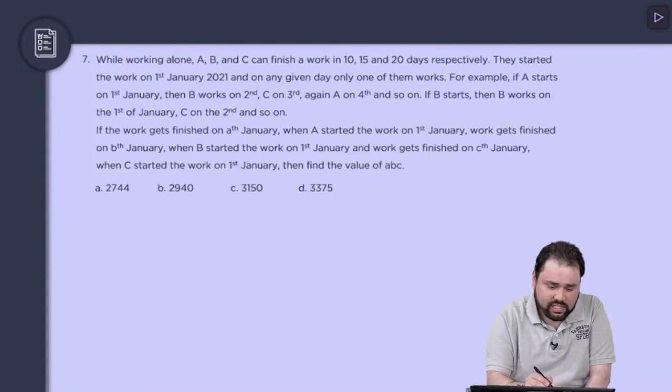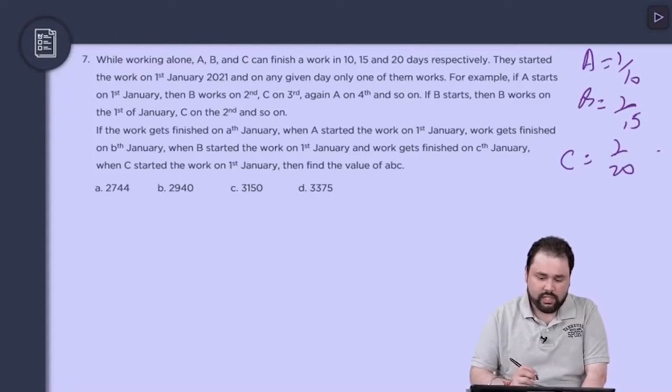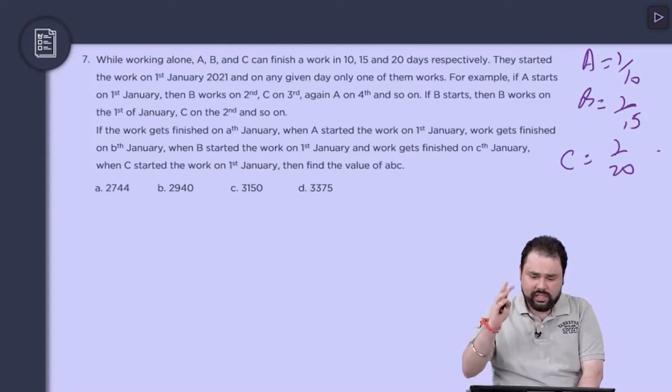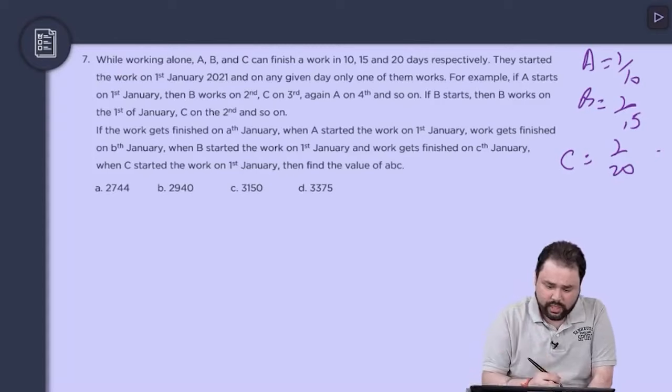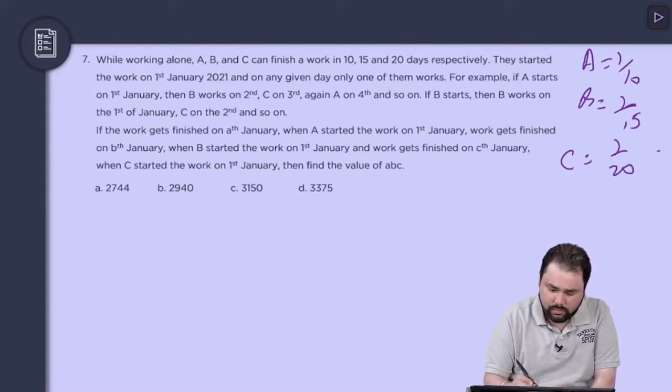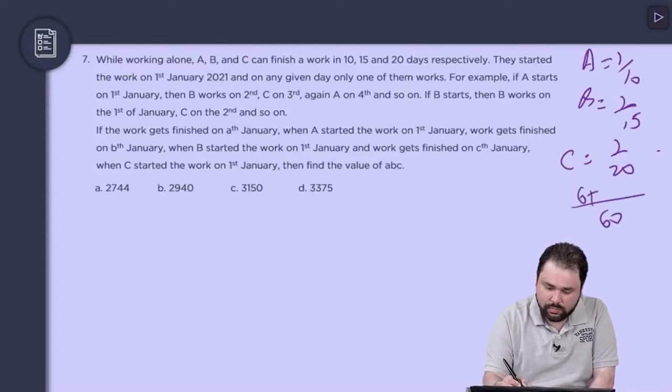If A starts, A takes 10 days, so in one day A does 1/10, B does 1/15, and C does 1/20. So in 3 days, ABC working together will do 1/10 plus 1/15 plus 1/20, which over 60 is 6 plus 4 plus 3, 13/60.